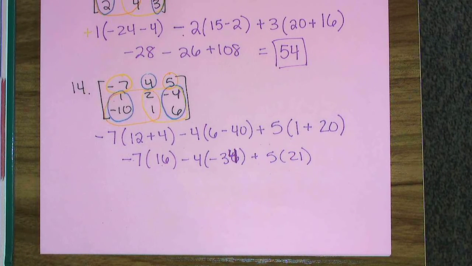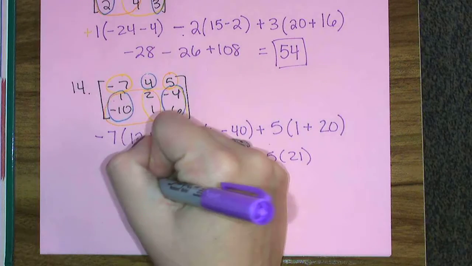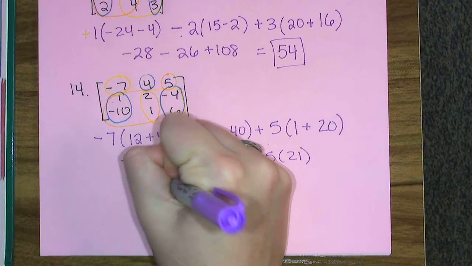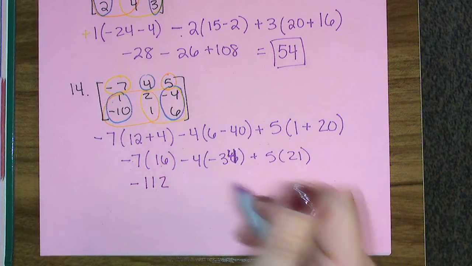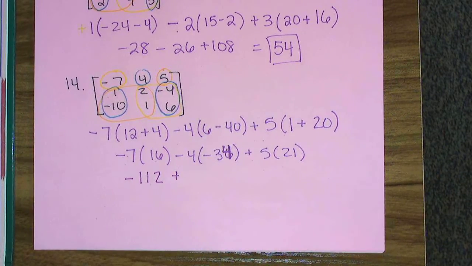Alright, 7 times 16. Negative 112. Negative 4 times negative 34.